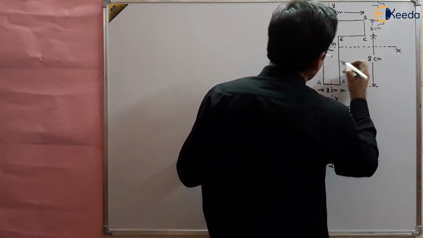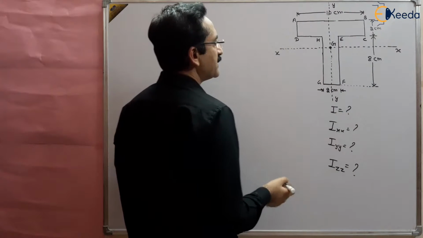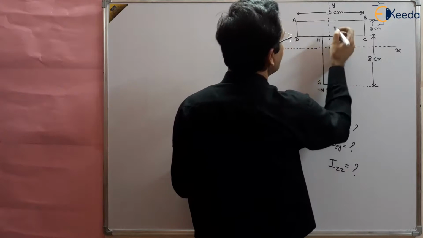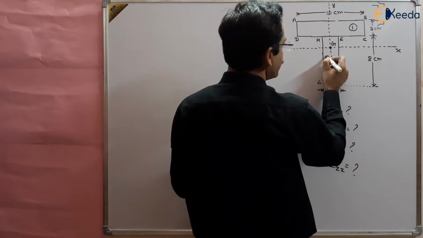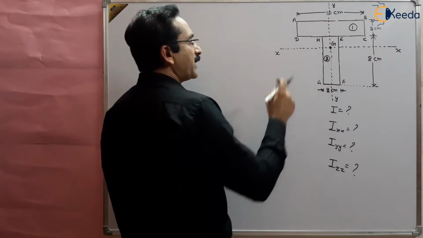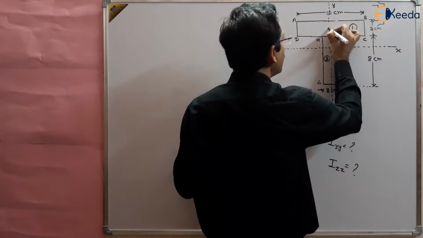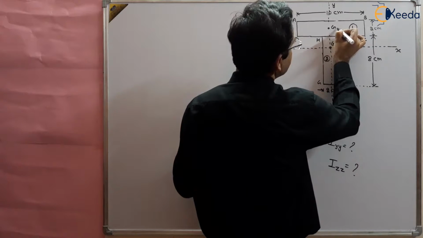For finding the moment of inertia, we can divide the whole figure into two parts. Suppose this is one part, this is the second part. Each part has its own center of gravity. Suppose here at the center of this rectangle, this is G1.